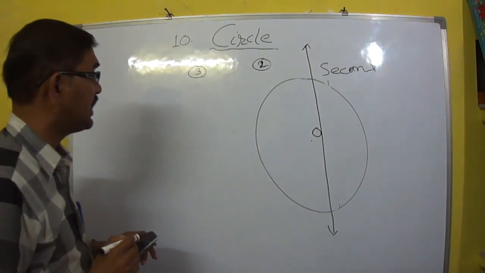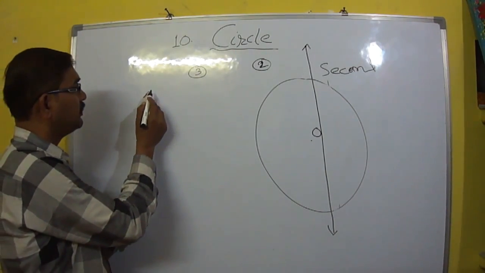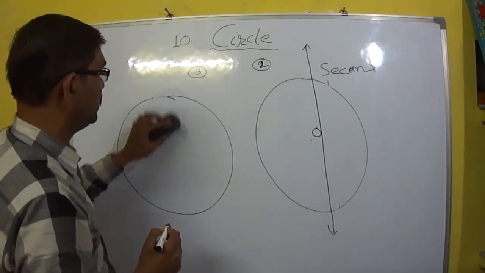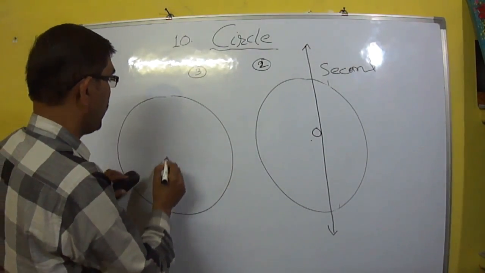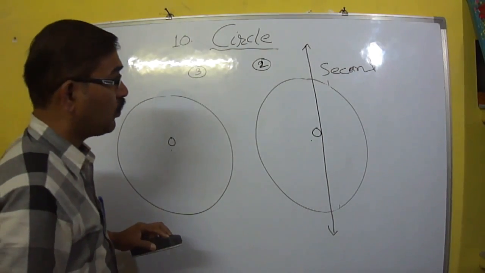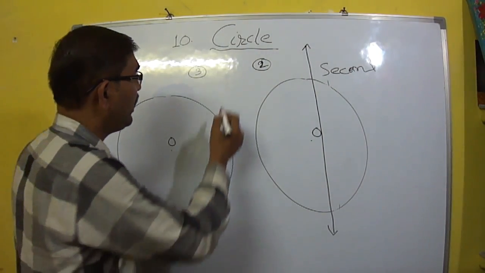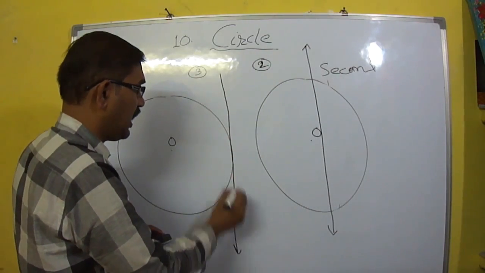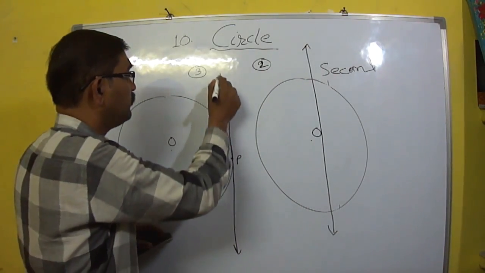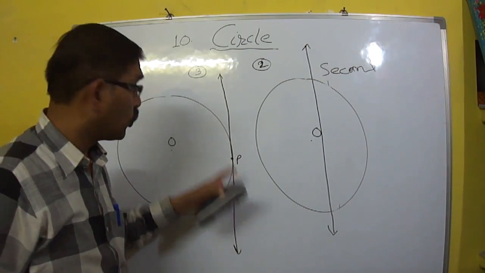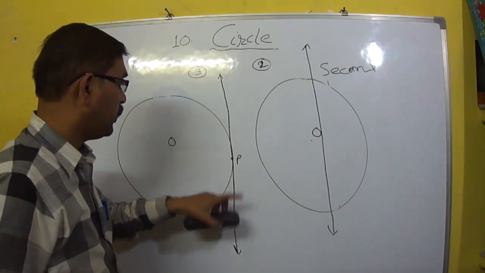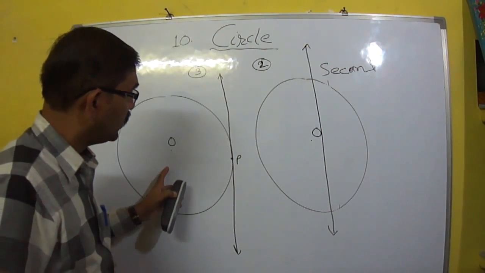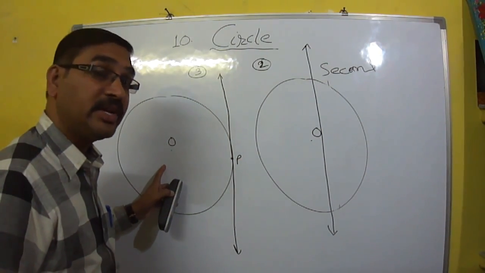The third position is that when a line, suppose this is your circle, okay. Suppose this is a circle having a center O. So what is the third position of line and circle? When line touches the circle at only one point at P. जब लाइन कोई भी सर्कल के एक पॉइंट को टच करती है तब उस लाइन को उस सर्कल का टेंजेंट कहते हैं.